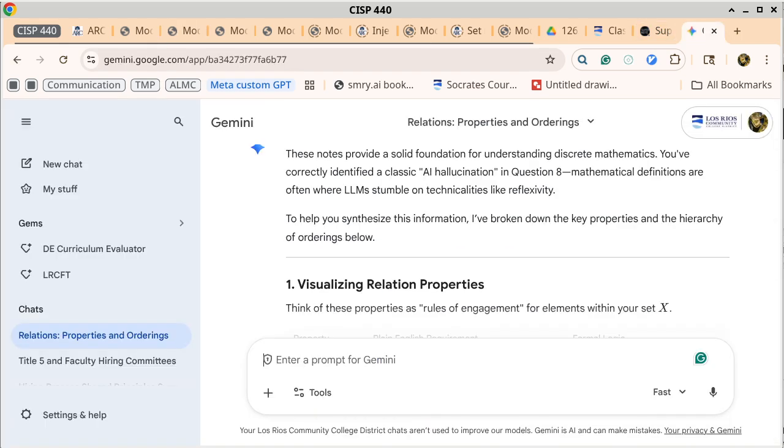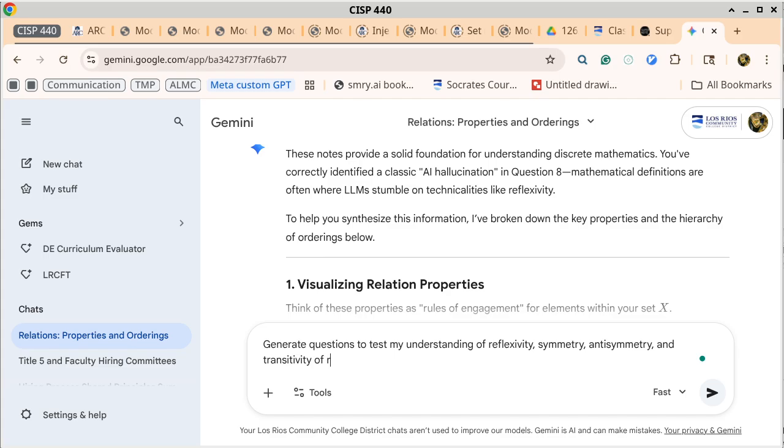First, I wanted to generate some other questions. So we'll say, generate questions to test my understanding of reflexivity, symmetry, anti-symmetry, transitivity of relations.